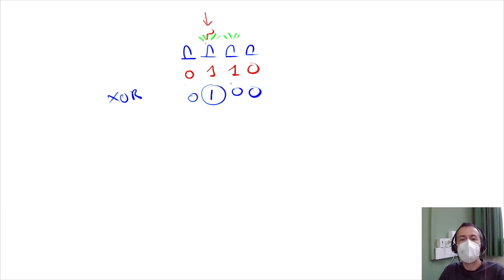The XOR will be 1 only if one of the numbers is a 1. So in this case, this will result in a 0. This will result in a 0 because they are both 1s. In the XOR, only one of the numbers is 1. In this case, it will be a 1. In this case, it will be a 0. So it keeps the state of all the bits except of those where we put a 1.